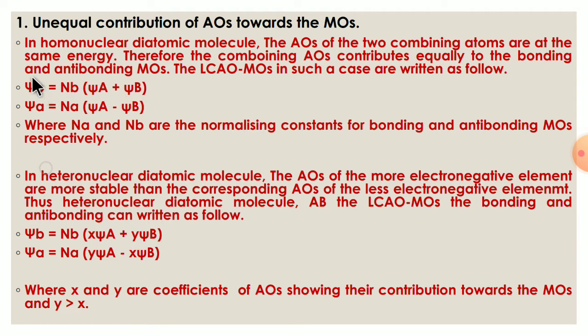This is the psi function, which represents the orbital wave function of the bonding orbital. Psi b is equal to Nb in brackets psi A plus psi B. A and B represent the atoms A and B, and Na and Nb are the normalizing constants for the antibonding and bonding molecular orbitals respectively.